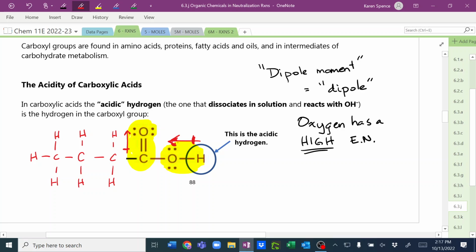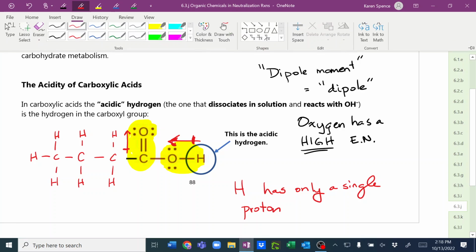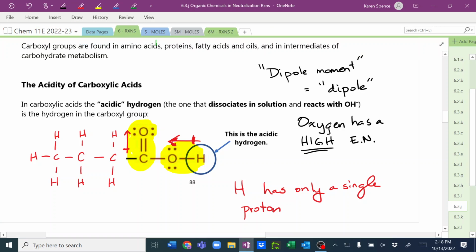And remember that hydrogen has only a single proton, yes? So in general, we have this overall motion of electrons this way. We're kind of going swoosh. Overall motion of electrons that way.